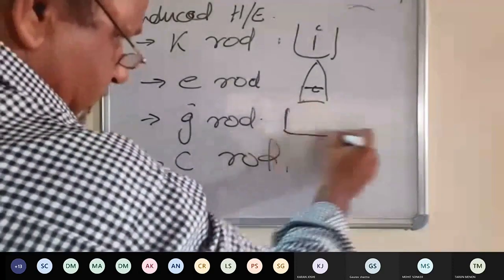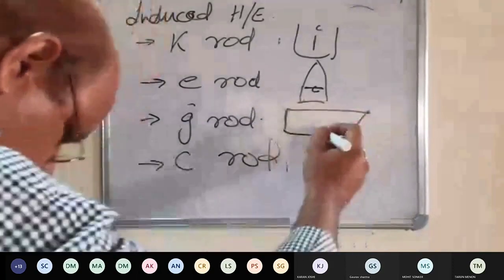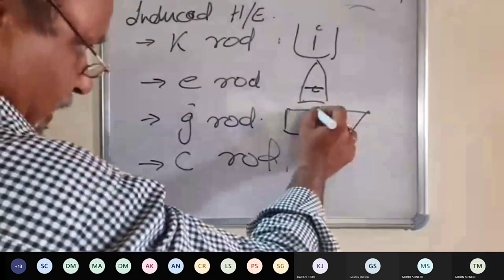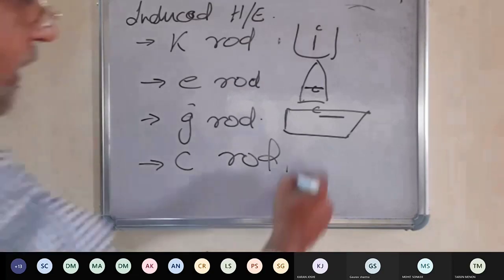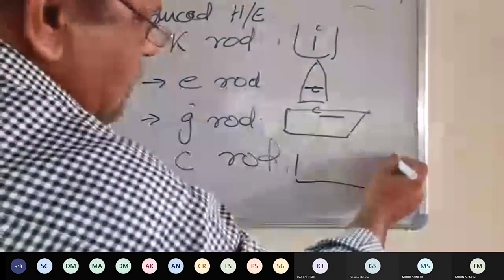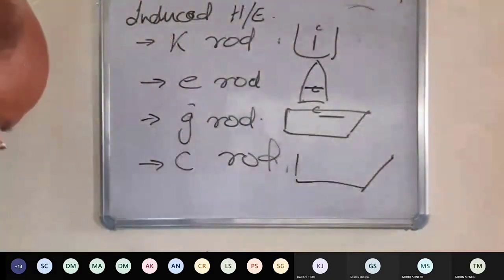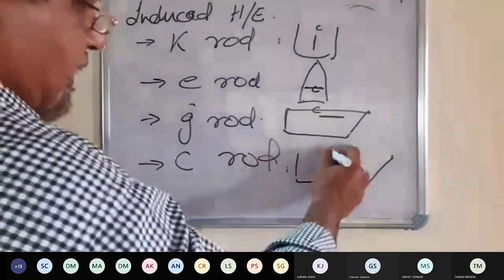If this, then we have the compass here, a horizontal rod below the compass and forward of the compass aligned forward up. Or it can be vertical rods also. The C rods, the vertical rods, are something like this.